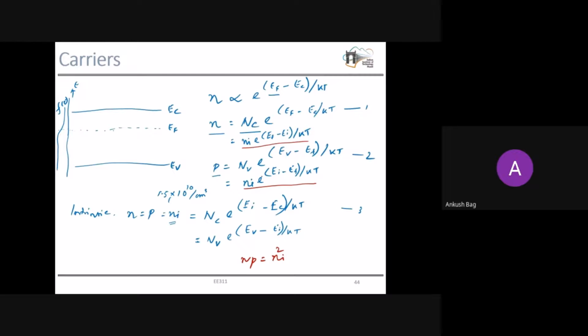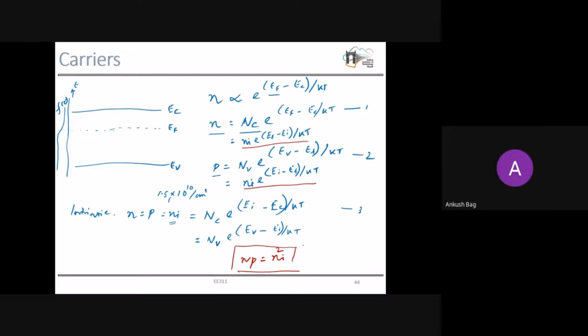So these two exponential terms will disappear, because you can see positive and negative, so they will all cancel. So this is once again another important relation between your electron and hole concentrations and the intrinsic carrier concentration. This is also sometimes called the mass action law. If you have any questions, you can just let me know.